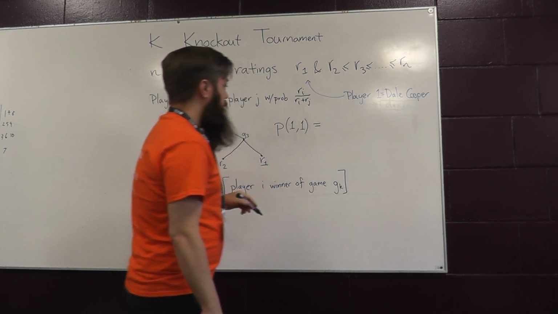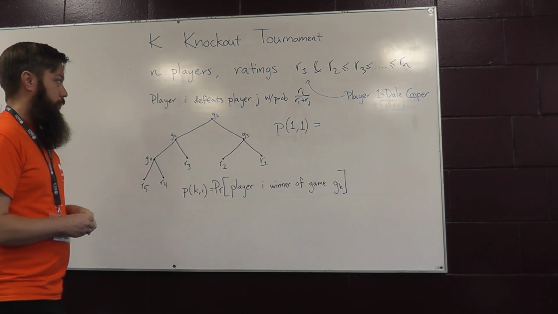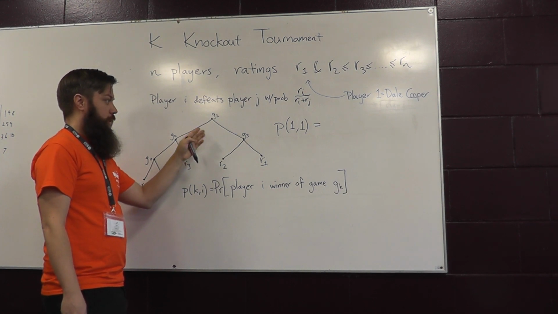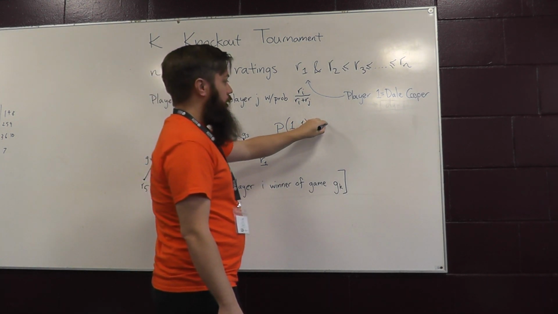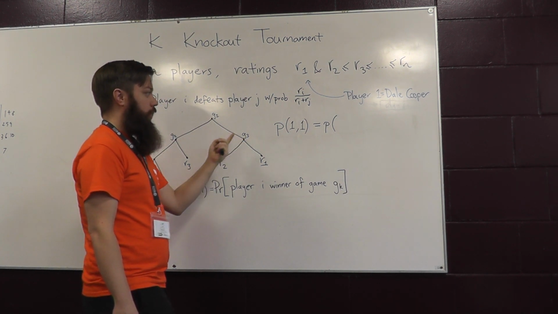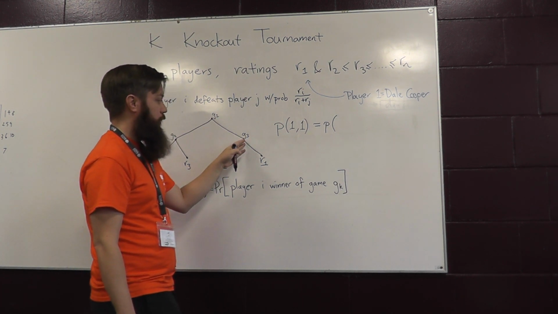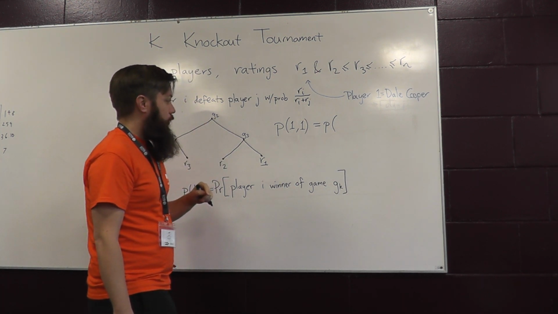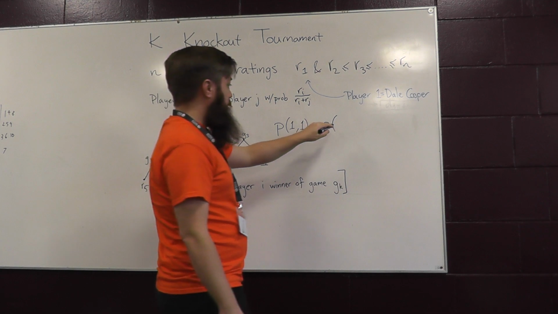We can compute this recursively. First of all, for this to happen, Dale has to win game 3. Otherwise, if Dale doesn't come out as champion of game 3, there's no way he's going to go up to the top.